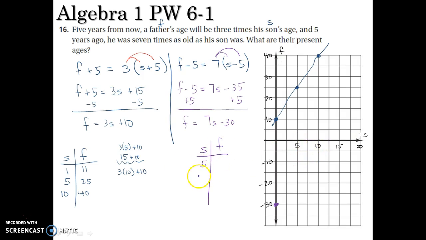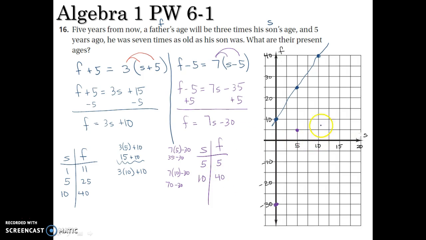So what do I get when I plug in a 5? 7 times 5 minus 30. 7 times 5 is 35. 35 minus 30 is 5. So I got a point over 5, up 5. And when I plug in a 10, 7 times 10 minus 30 is 70 minus 30, which is 40.